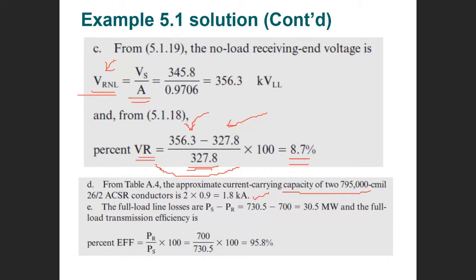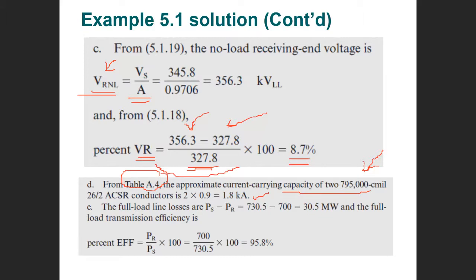From table A4. We go to table A4, and then you will find the current carrying capacity, the limit of this conductor, as we already explained how to use table A4. And why did we multiply by 2 here?